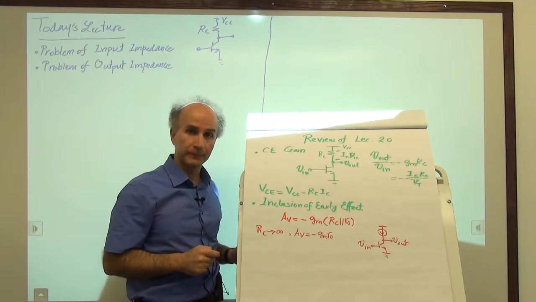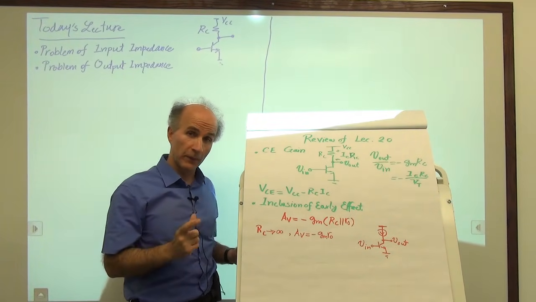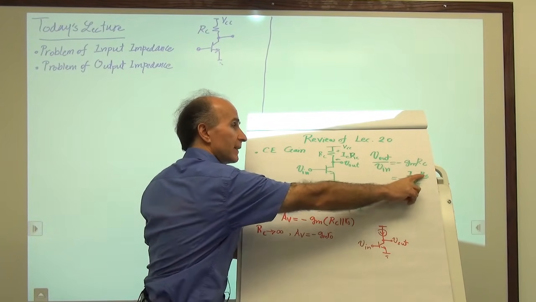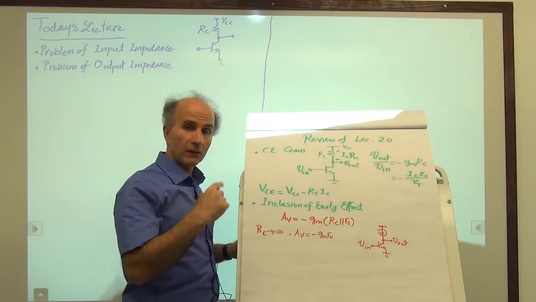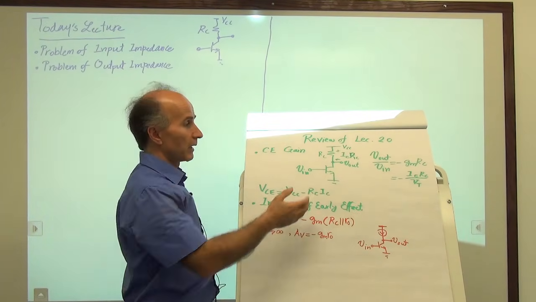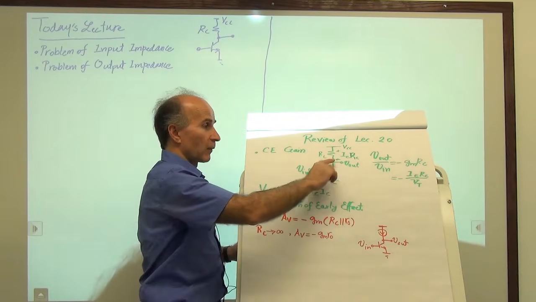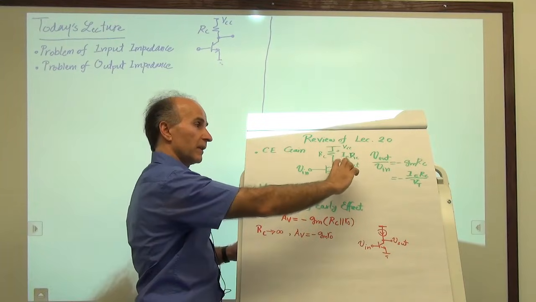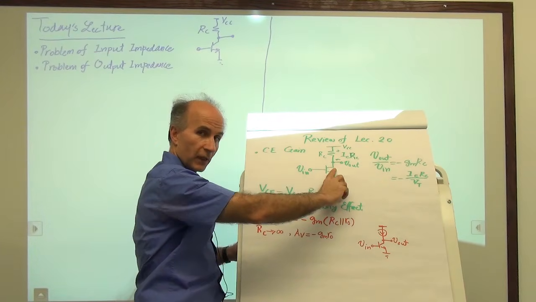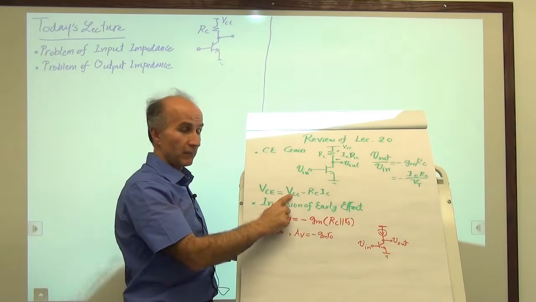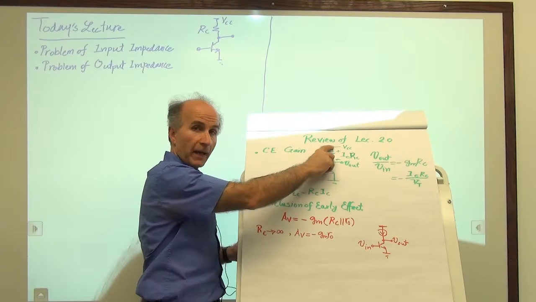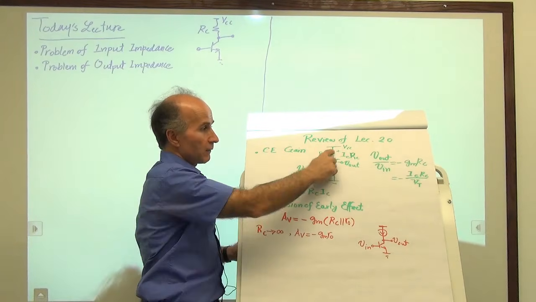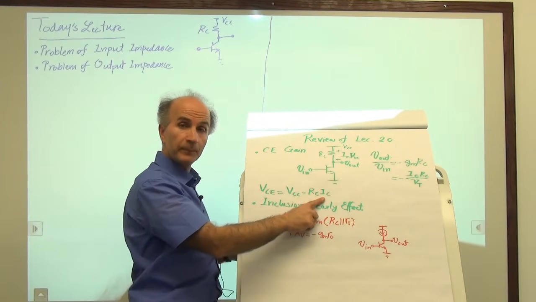And one limitation that we observed was that because the gain is proportional to IC times RC, it is ultimately limited by the supply voltage and what we call the voltage headroom here. And this is because when we consider the collector emitter voltage of the device, it is given by VCC, meaning the supply voltage, the battery voltage up here with respect to ground, minus this voltage drop, which is IC RC.